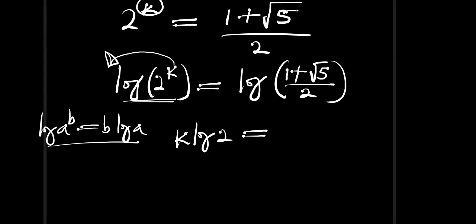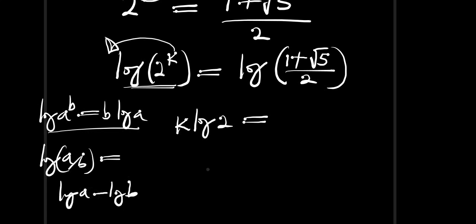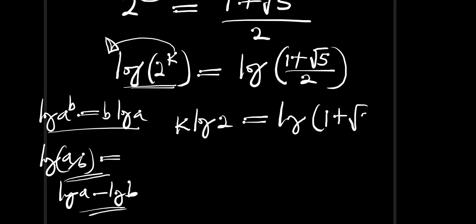Now also, if you have log of a divided by b, this simply equals log of a minus log of b. So if we apply this identity right here, we are going to have log of 1 plus root of 5, then we have minus log of 2.